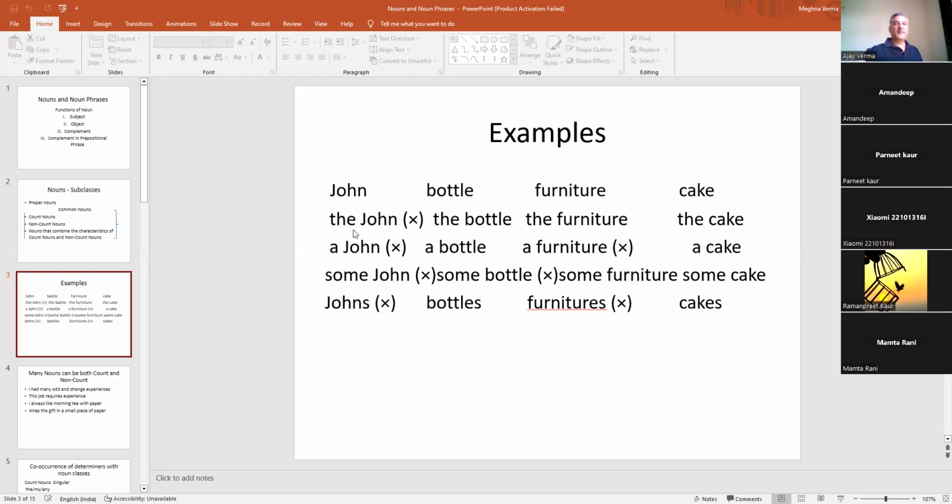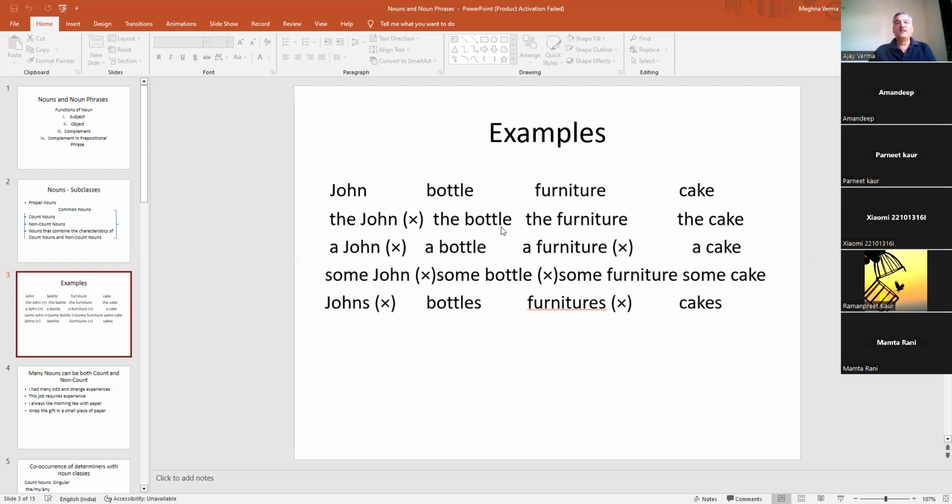So, if you look at the slide closely, you can see that if we focus on the use of these nouns with articles and with determiners, there is quite a visible difference.